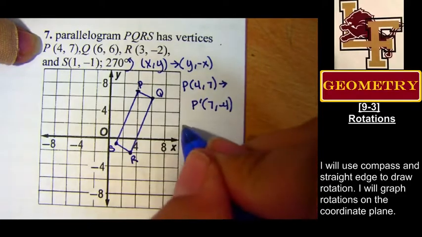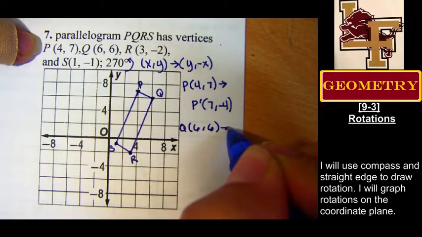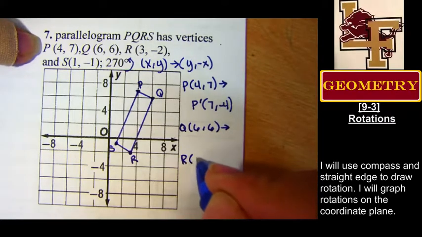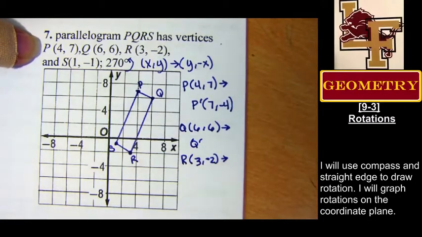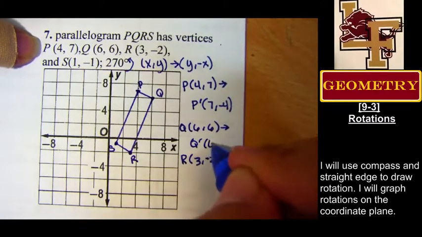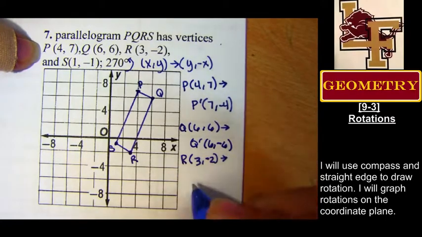All right, let's grab all of those other coordinates really quick. Can I get someone to give me the coordinates for Q prime? Q prime does not start at, oh yeah, it does start at 6. 6 what? 6, negative 6. Very good.